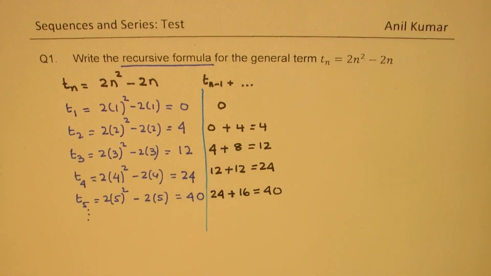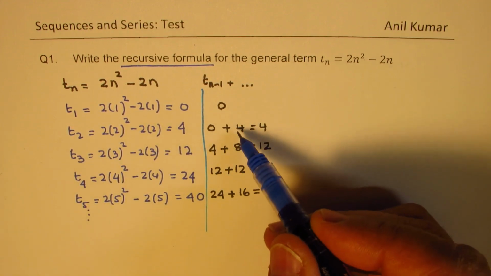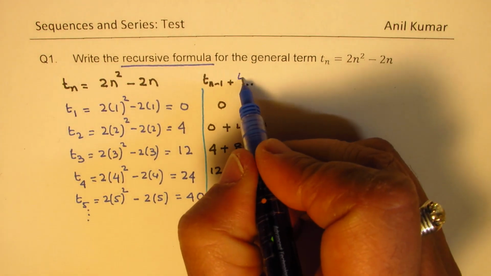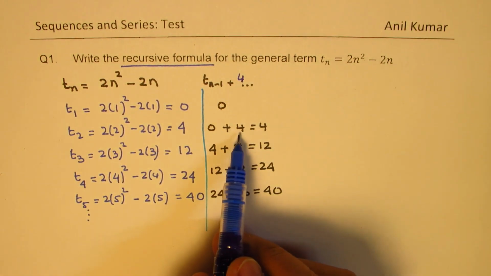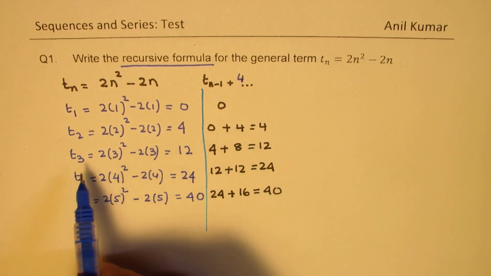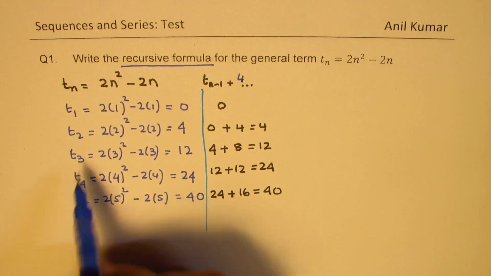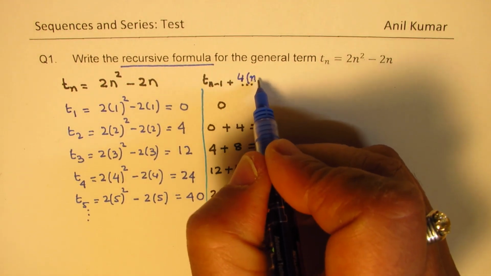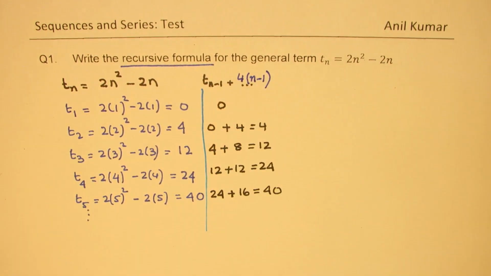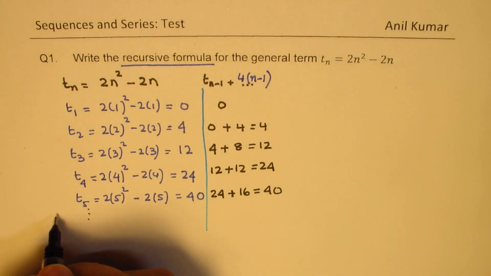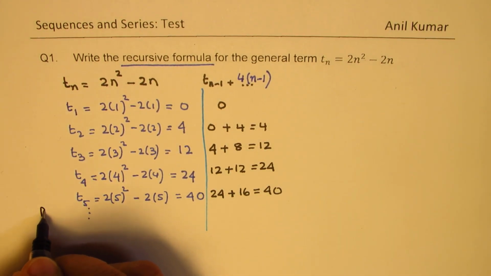One of the ways we can think about it is, these are all multiples of 4, right? Now, 4 times what is 4? 1. 4 times what is 8? 2. Now, 2 is 1 less than 3. So, therefore, we could write this as n minus 1. Do you get an idea? So, now here, we can write down the recursive formula. So, we can say that the recursive formula could be like this.